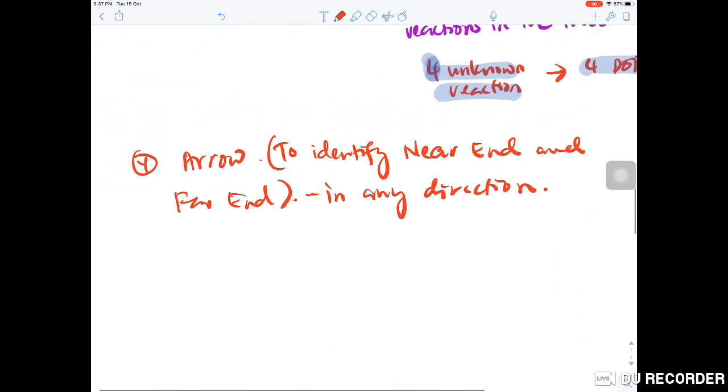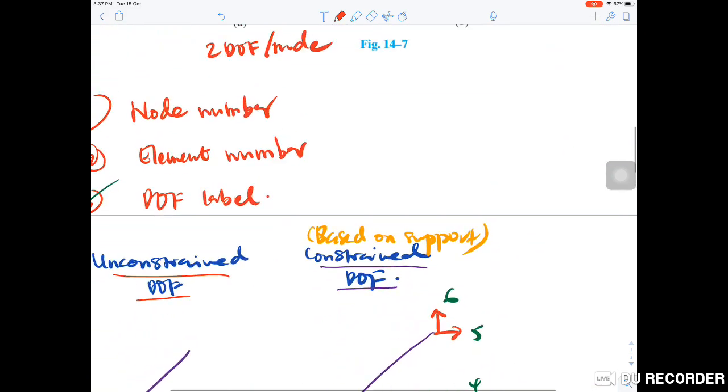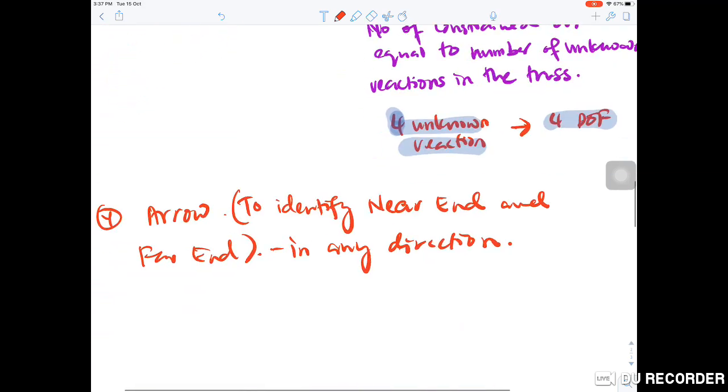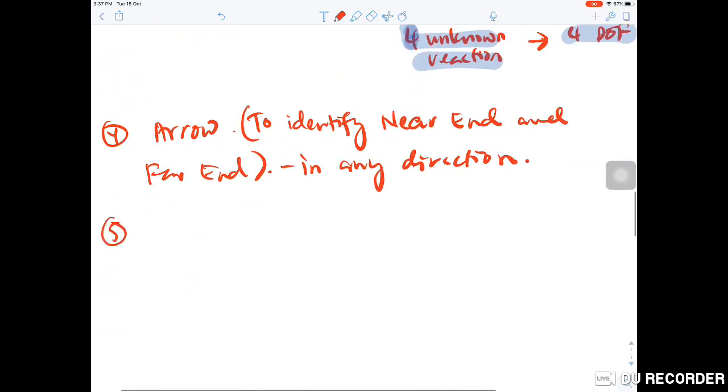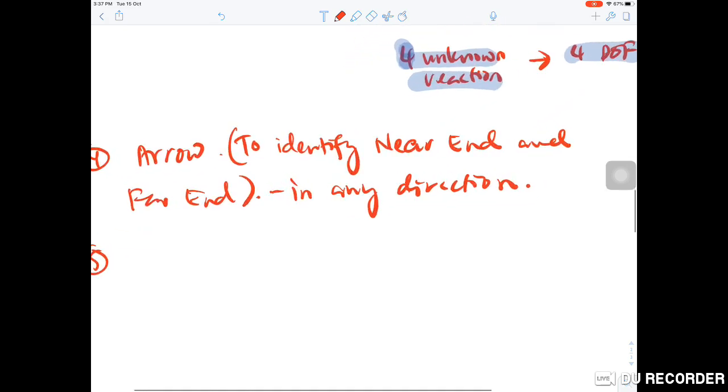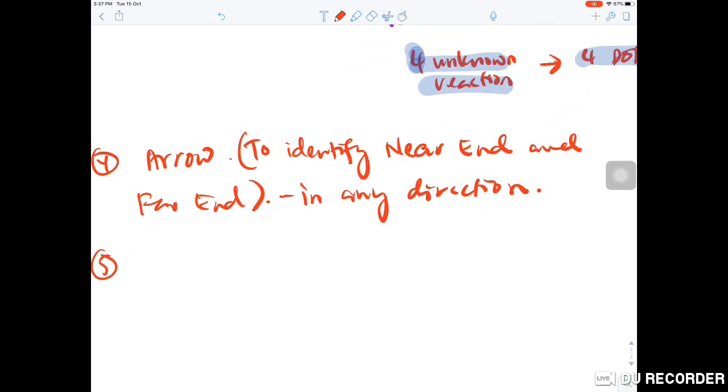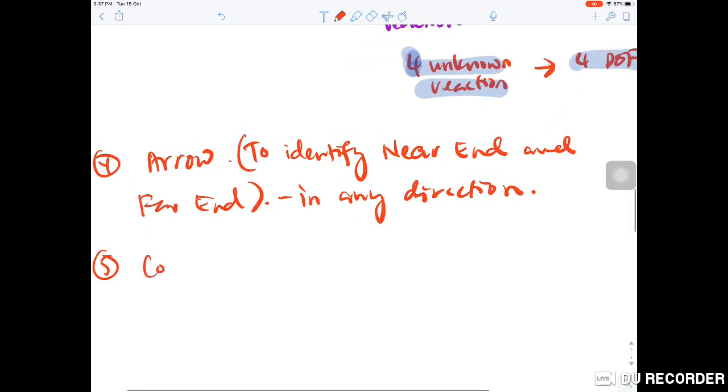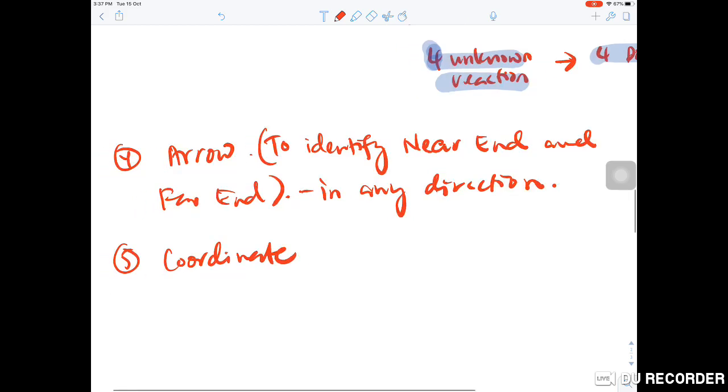The last thing that we need to do is put the coordinates at each node.